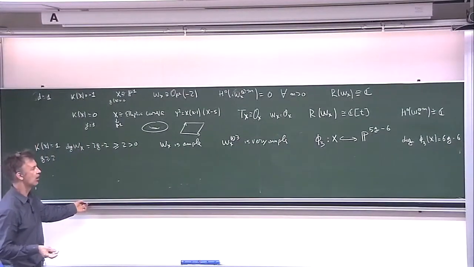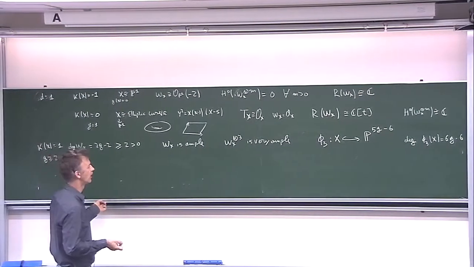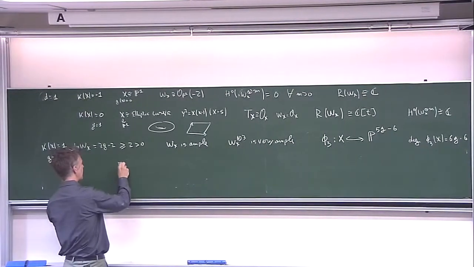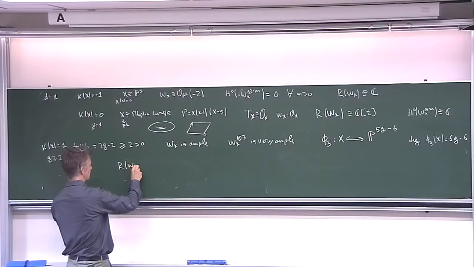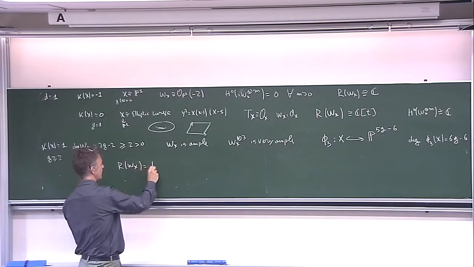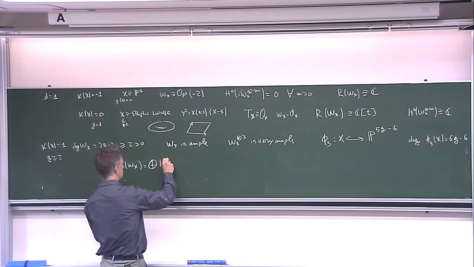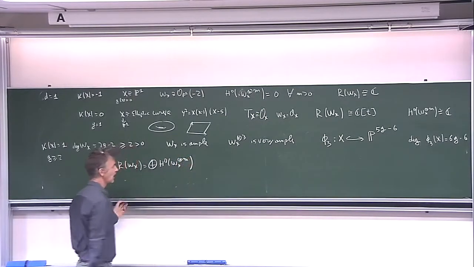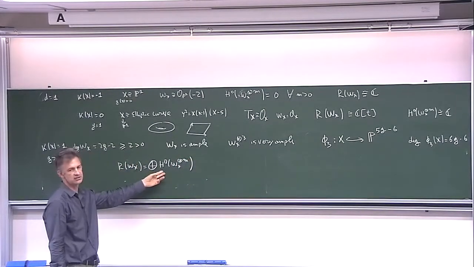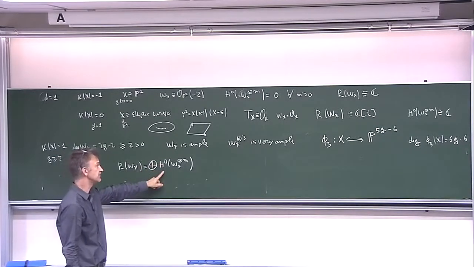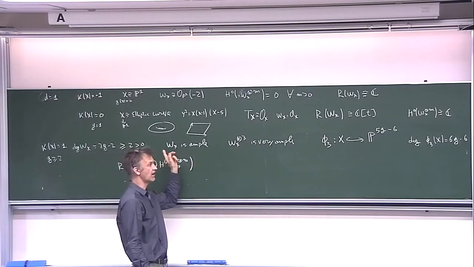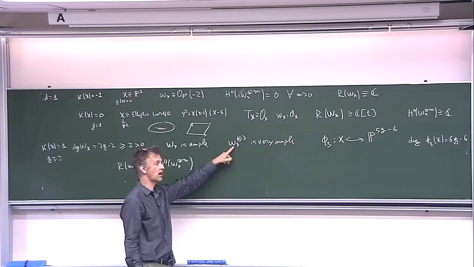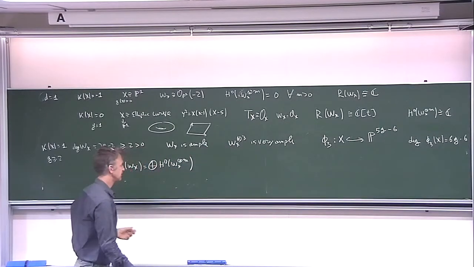So this tells you that if I consider the canonical ring, this is going to be a very interesting ring, because it has lots of sections. It has enough sections in it to actually recover X itself, because the third tensor power embeds X into projective space.